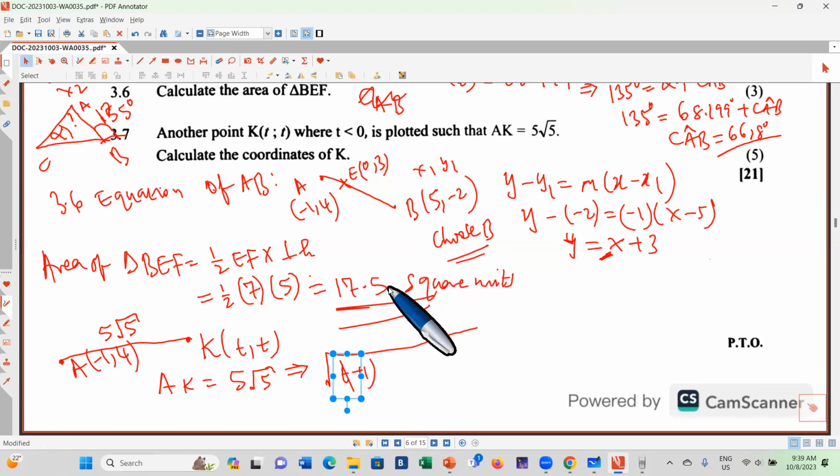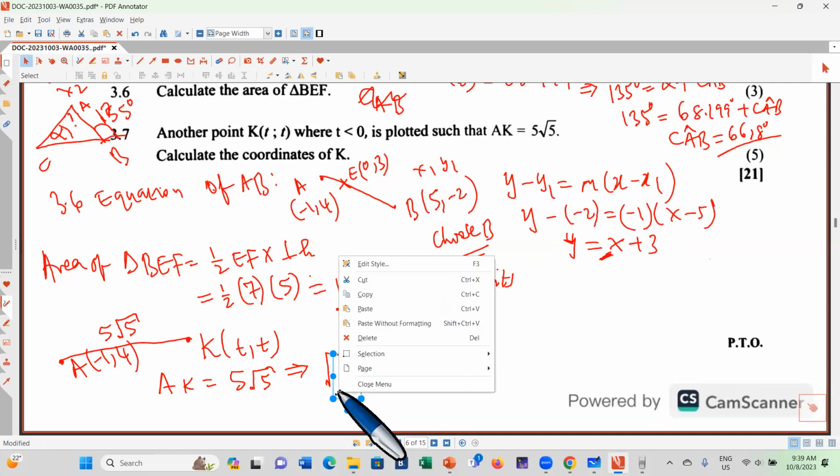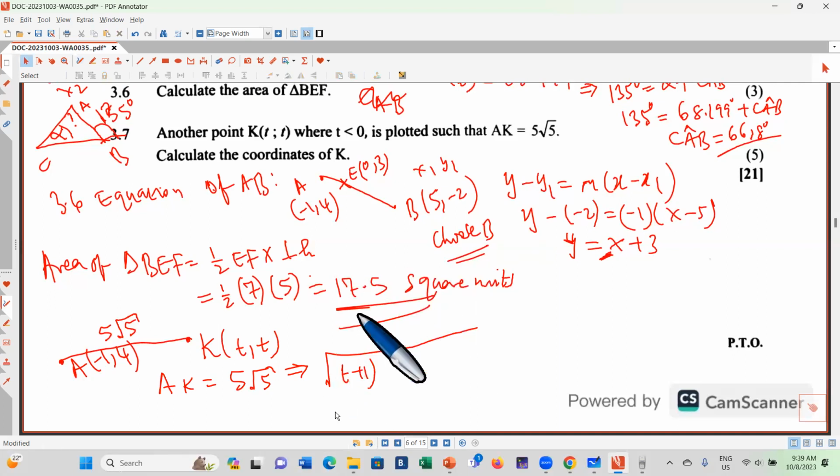So you continue. What is the square root of t plus 1? We have the square root here of t plus 1, squared.